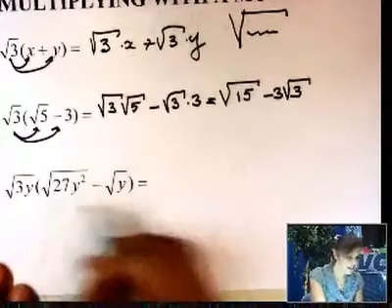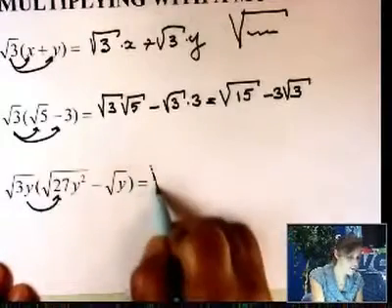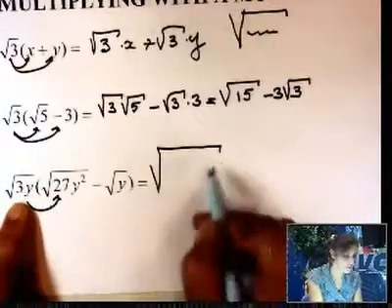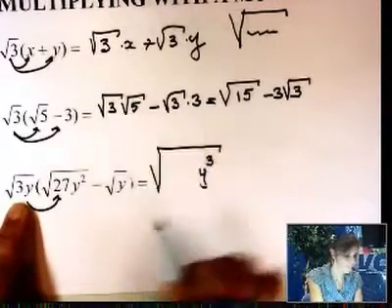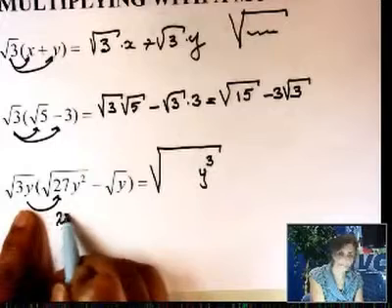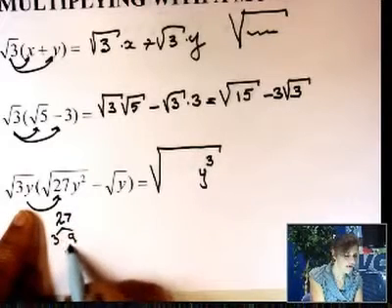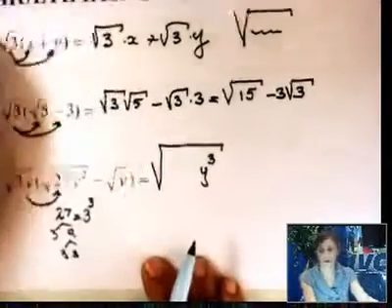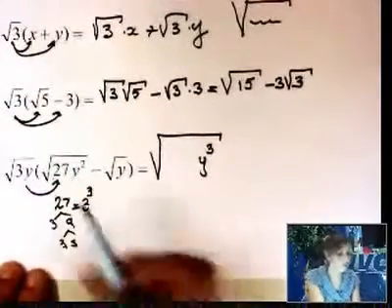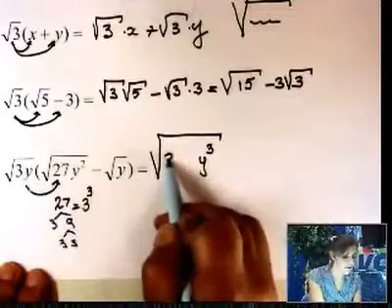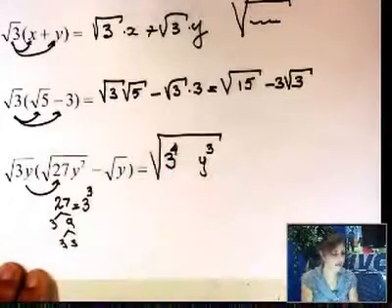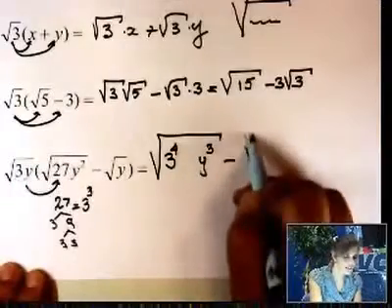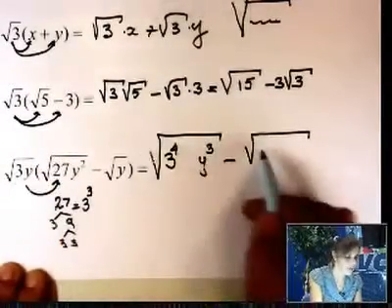So what is this? I have this situation. First two, you're going to have y times y squared, so that's y cubed. 27, remember what that was? 3, 9, 3, 3. So that's actually 3 to the third power. All right, so when I multiply 3 to the third power with 3, I get 3 to the fourth power. Okay? And then minus. So let's do that one again. Radical. You have 3.